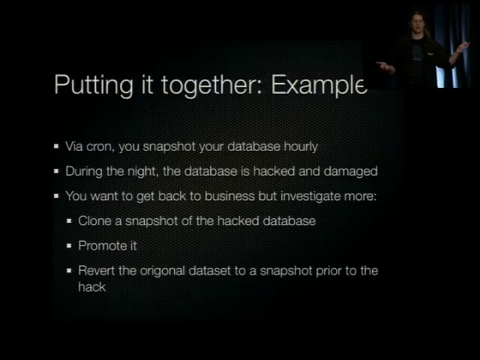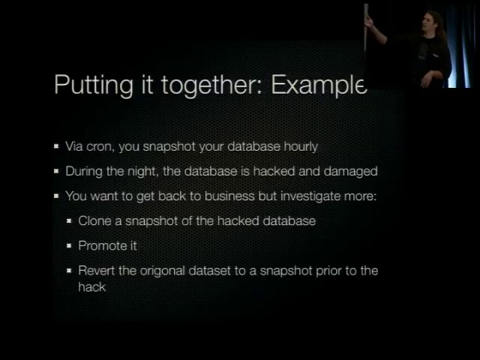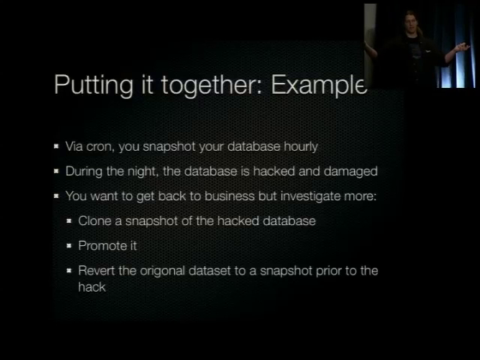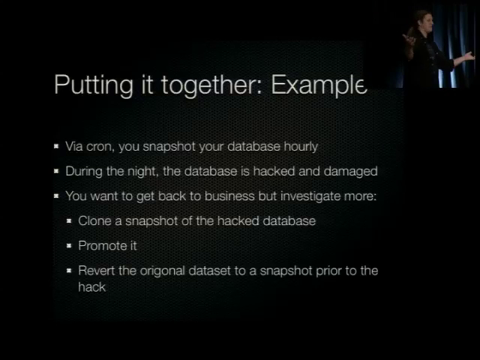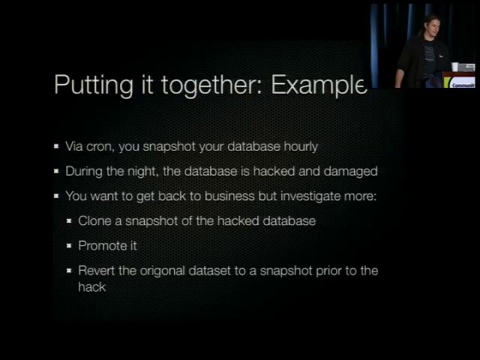So you can't depend on that snapshot. So you promote that out to an autonomous state, and then you roll the original data back. So you could do this, and now you have a hacked copy of the data and a working copy of the data separately. And you're back in production, and you can take all the time you want to go through all the bad data.